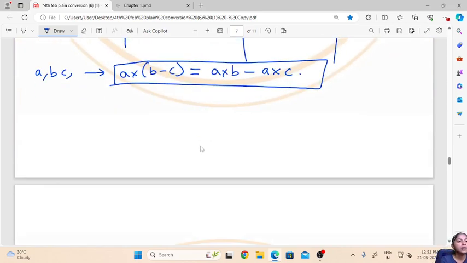Now try to solve this example on your own.